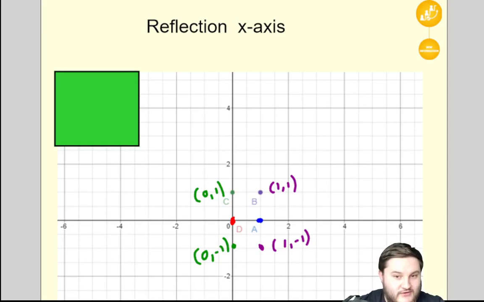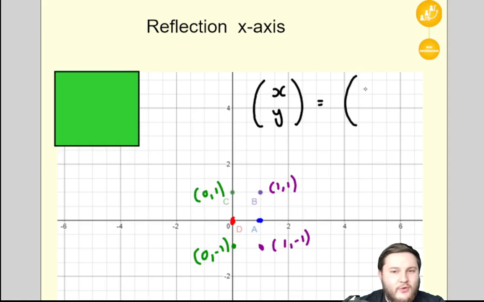So in other words, what has happened here? Well, all the x-coordinates have stayed the same, because it goes from being 0 to being 0, and from being 1 to being 1. They have not changed.